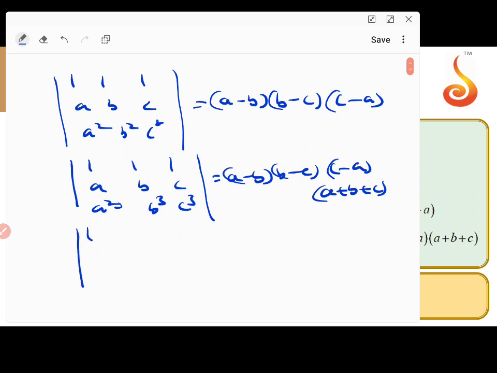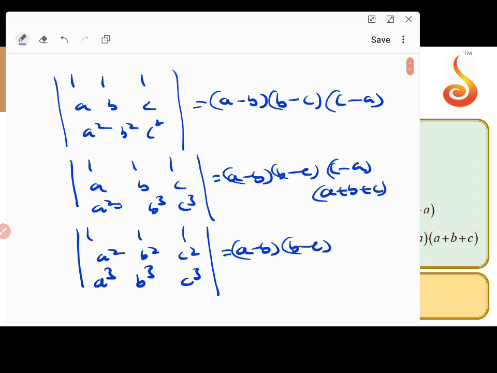Next, 1, 1, 1; a square, b square, c square; a cube, b cube, c cube is (a minus b)(b minus c)(c minus a) into (ab plus bc plus ca). Thus, three standard determinants: 1, a, b, c, a square, b square, c square is (a minus b)(b minus c)(c minus a); and with a cube, b cube, c cube it is (a minus b)(b minus c)(c minus a) into (a plus b plus c).